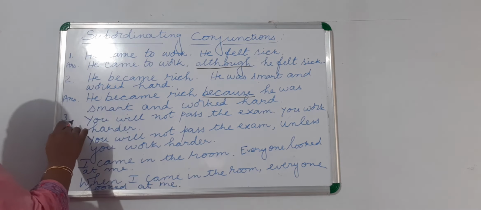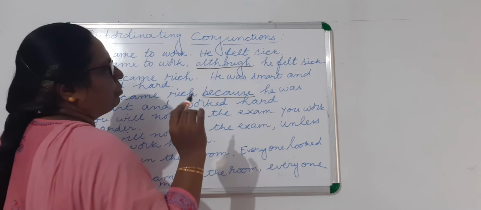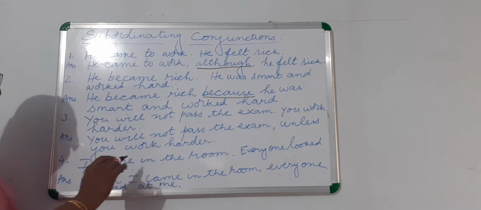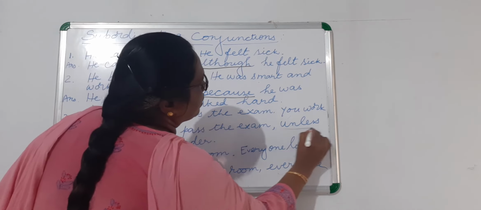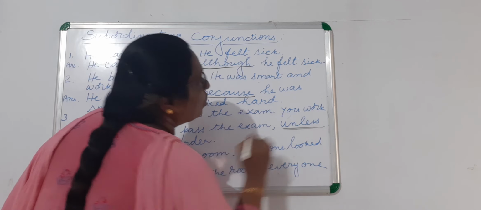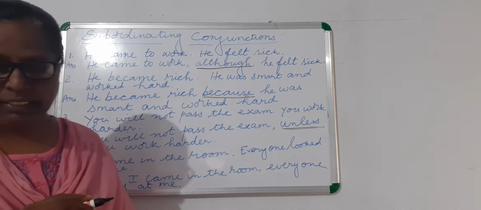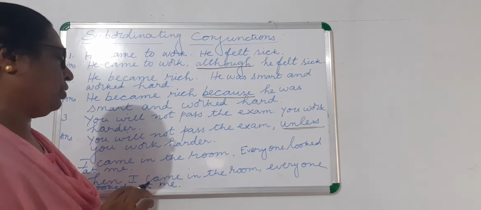And the third example: you will not pass the exam. You work hard. Here I have used unless. So unless is a subordinating conjunction. What does unless mean? Unless means except on the condition.